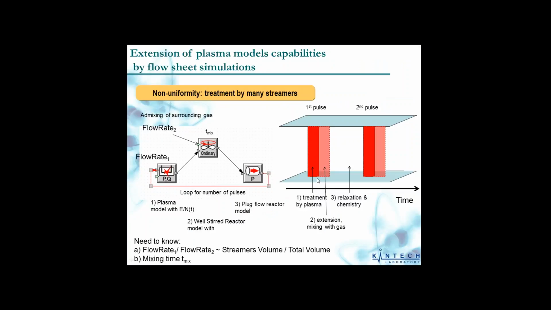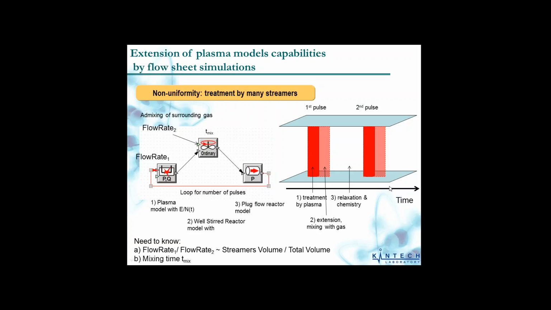For example, we have two electrodes and a streamer between them. So gas goes into the space between these electrodes and is treated by the plasma. We may regard this treatment as consisting of three principal phases. The first is a treatment by the streamer channel. After that, decaying of this channel and mixing of the species generated inside of the channel with the surrounding gas.